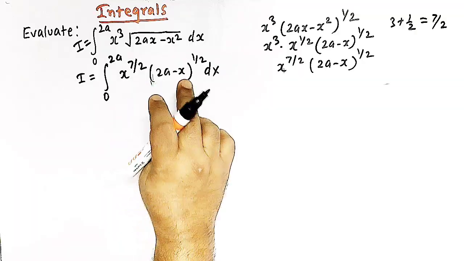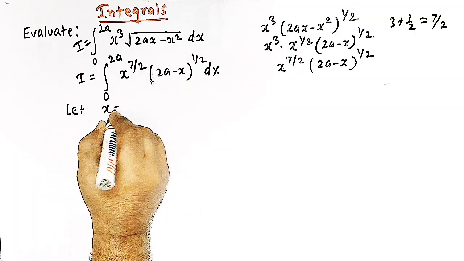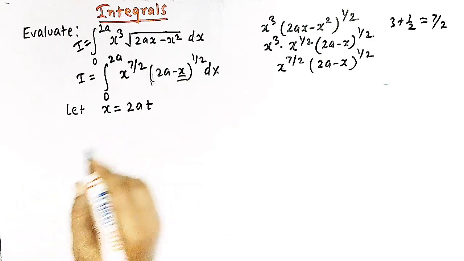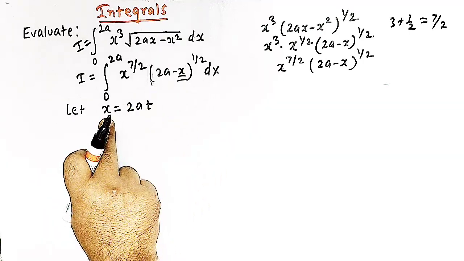Now let us make the substitution, that is x is equal to 2at. Here we can also make a trigonometric substitution, but I will prefer this one.